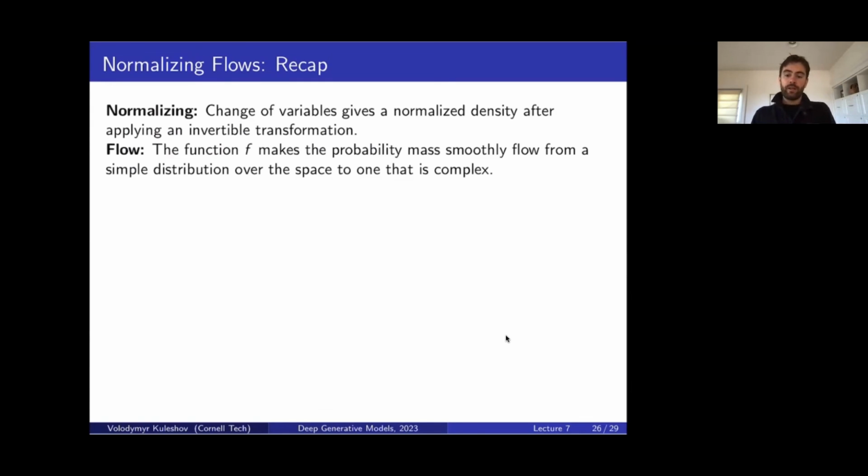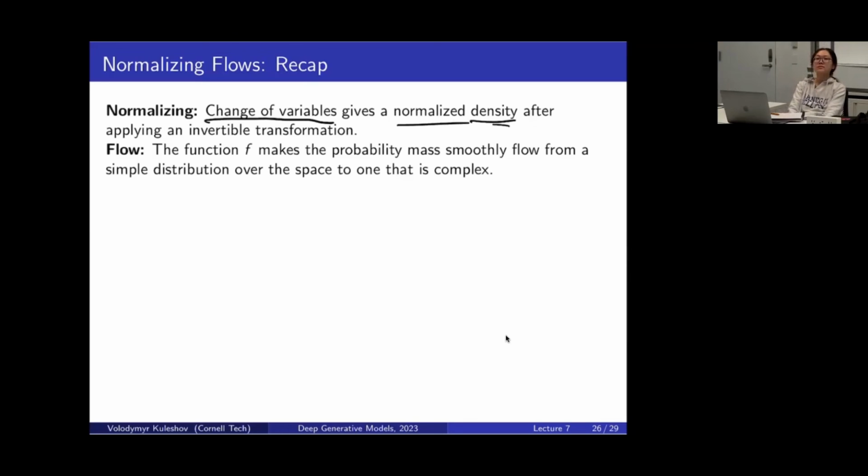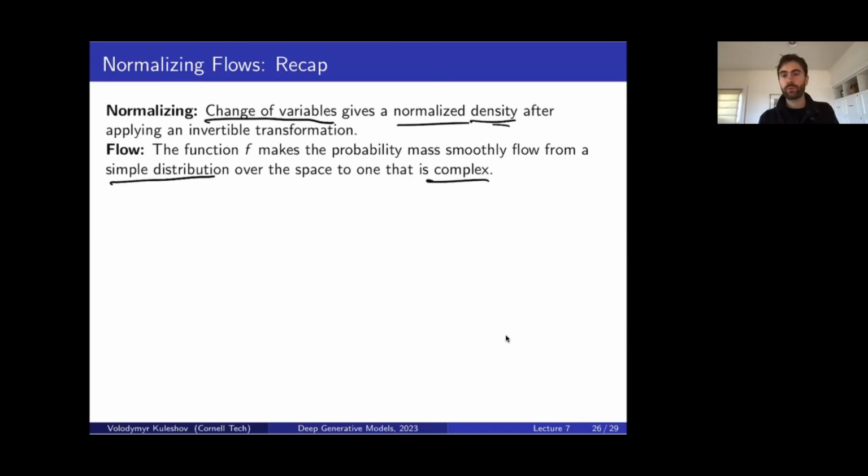Okay, but that's going to be in the next lecture. For now, just a quick recap. Again, we talked about normalizing flows. They're normalizing because we're applying the change of variables formula, and it has to give us a density which we need to normalize using the determinant of the Jacobian of f. And it's a flow because it smoothly maps a simple distribution into a more complex one.